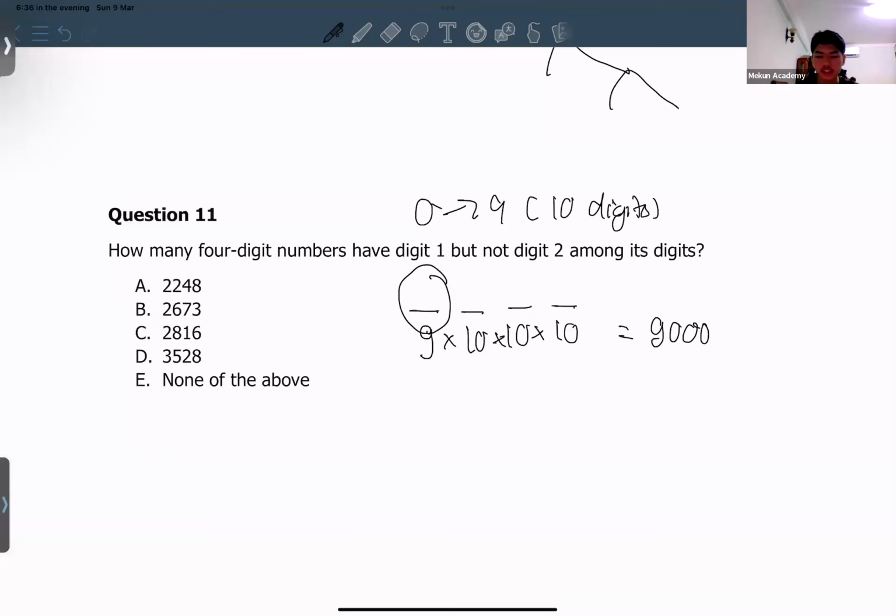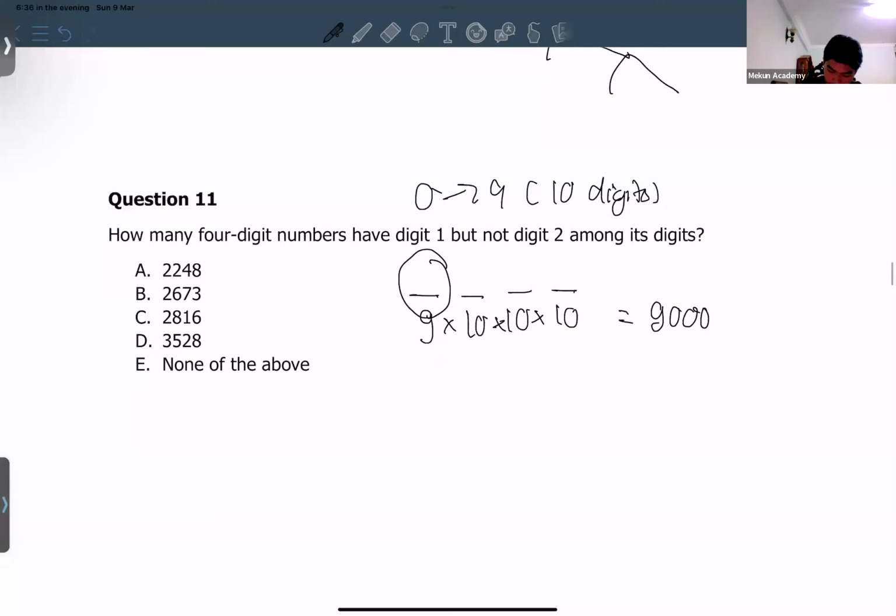And then you need to find the total number of numbers with no digit 2 in all of the 4 places. So the first place, from 1 to 9, you have 9 digits there, so you need to remove the 2. Okay, I'll write it again: all 4-digit numbers without 2.